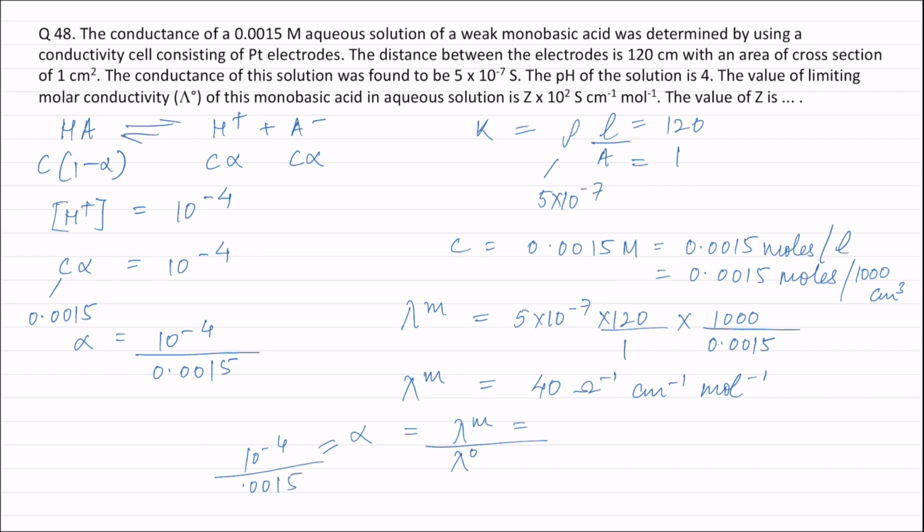The value of equivalent molar conductance is equal to 40, and from this the value of limiting molar conductivity will be equal to 6 into 10 to the power 2 per ohm per centimeter per mole. Therefore, the value of Z in this question is equal to 6.